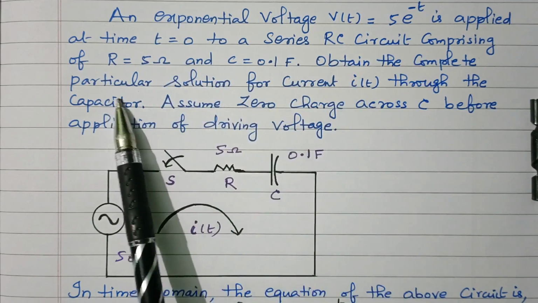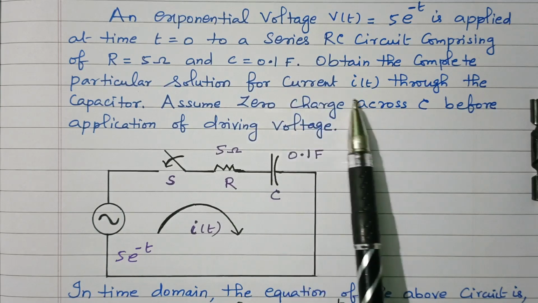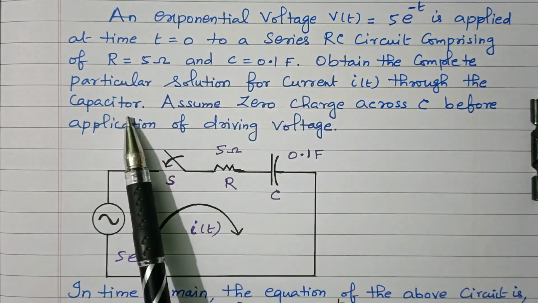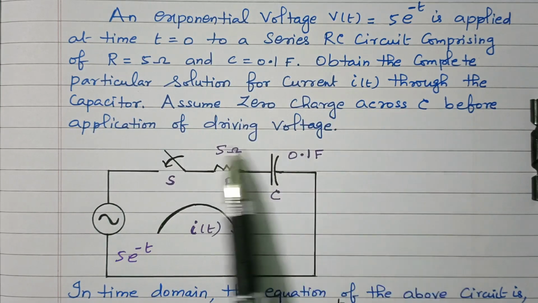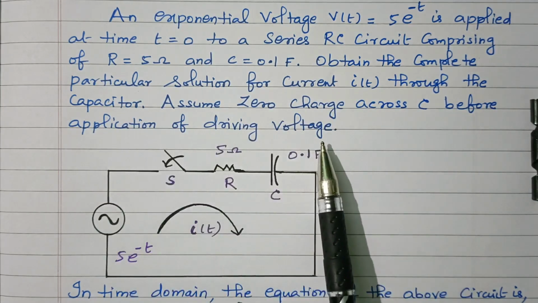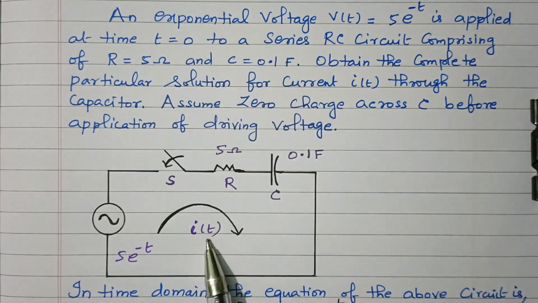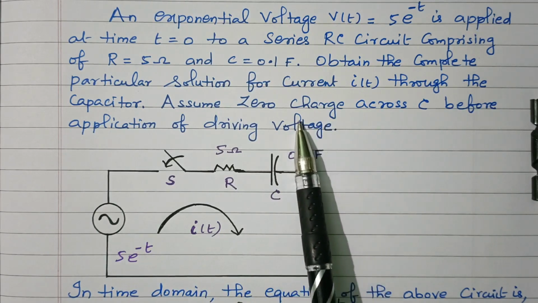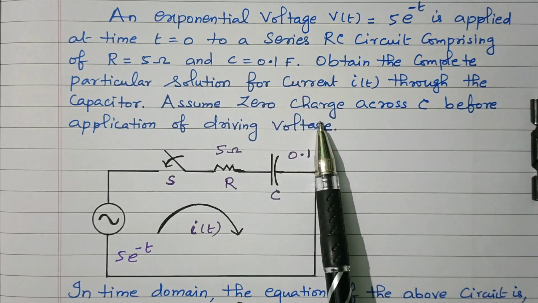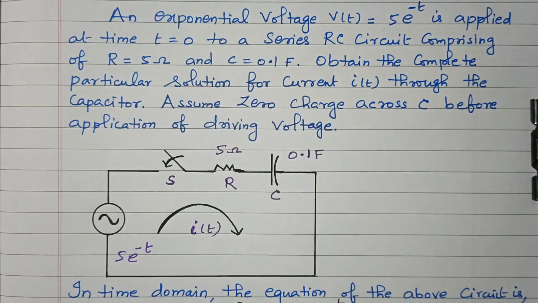Obtain the complete particular solution for current I of t through the capacitor. Assume zero charge across capacitor before application of driving voltage. So we need to find the transient current across the capacitor. There is no charge available before closing the switch, zero charge. So that is the condition given.